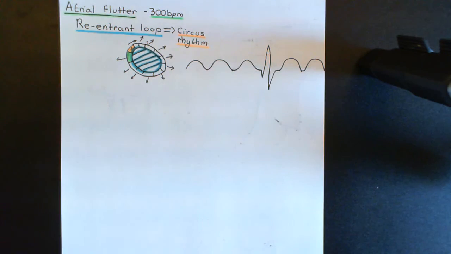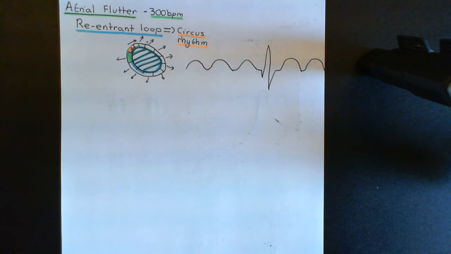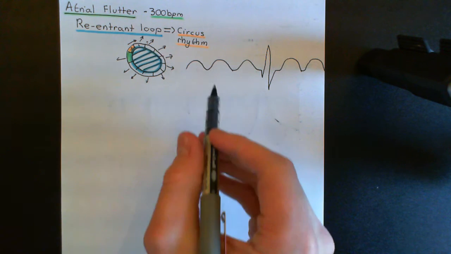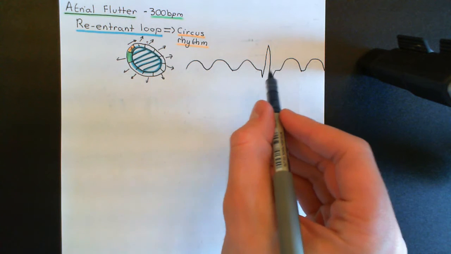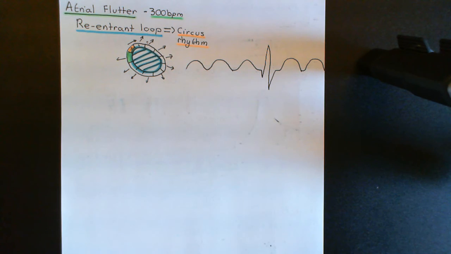So this is what the ECG of someone who is suffering from atrial flutter will look like. You've got a sinusoidal wave which is made up of the continuous P waves, and then just dotted about the place you'll have QRS complexes, which are formed by the rare occasion when one of these P waves actually does result in ventricular depolarization because the AV node has let it pass through.